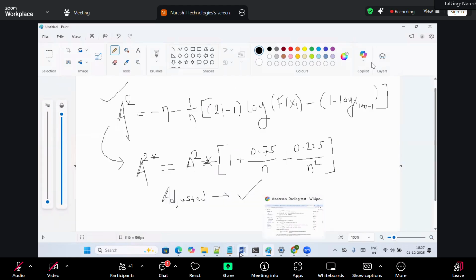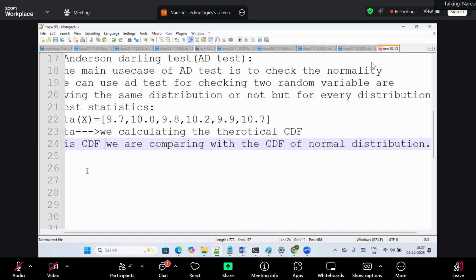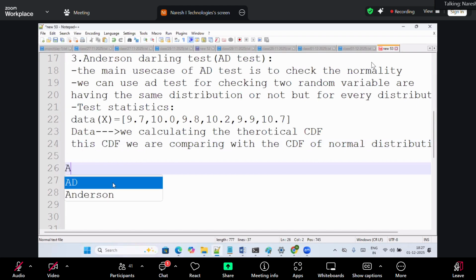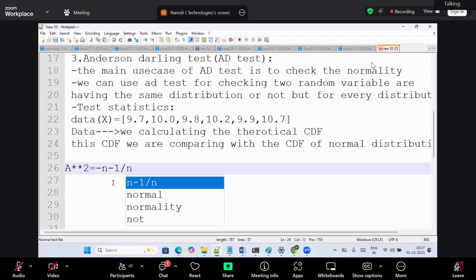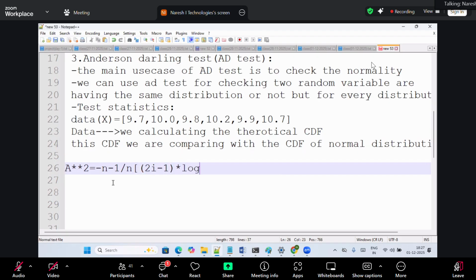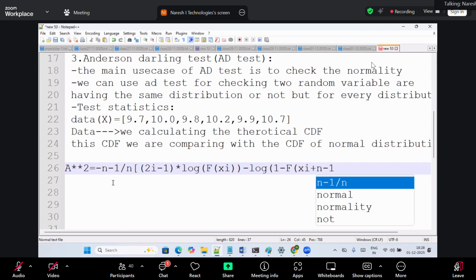Fine. So now here I have a test statistic, and what is my test statistic guys? मैं यहाँ लिख देता हूँ A star star 2 equals to, minus n minus 1 by n, बोलिए guys, 2i minus 1 into log of f of xi, correct, minus log of 1 minus f of x I plus n minus 1, correct.